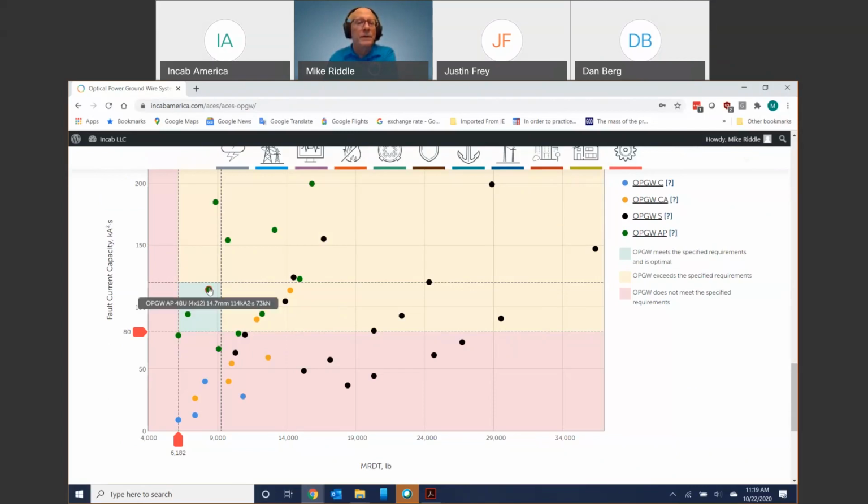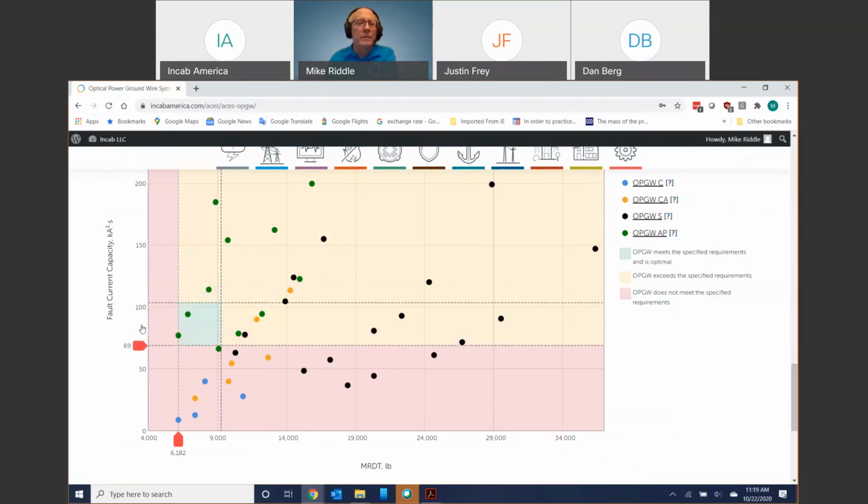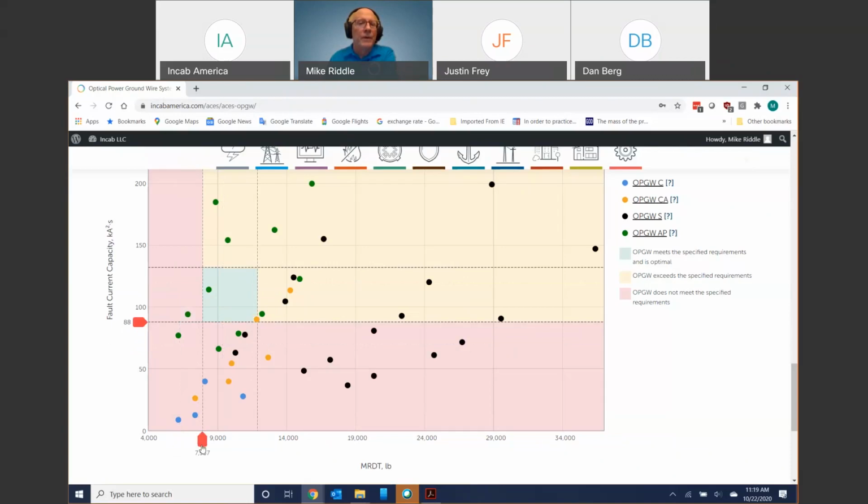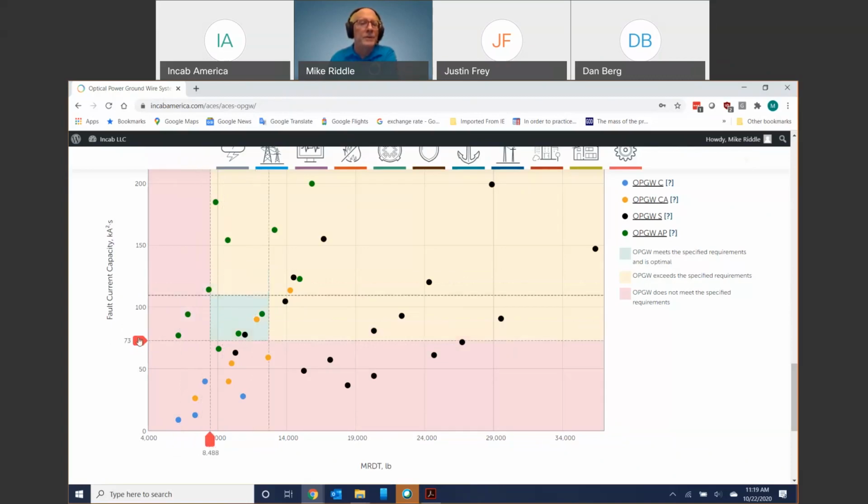So ideally, you would pick a cable here in the green and play with the parameters a little bit. I want it a little stronger for some reason. Maybe I want to adjust my fault current up or down a little bit, but you get a band here within which you can work.